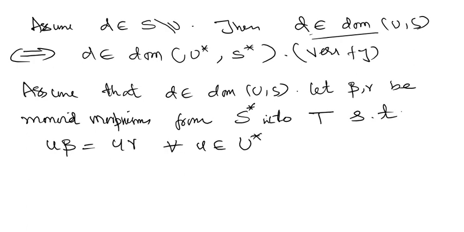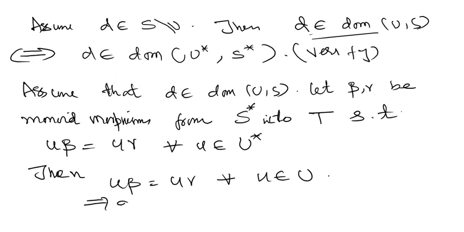Okay, so then for any two morphisms beta gamma from S star to T, this gives that U beta is equal to U gamma for all U in U also. Now since beta and gamma they are monoid morphisms, therefore they are also semigroup morphisms. And they two agree on U, which implies that D beta is equal to D gamma, because D is in dominion.